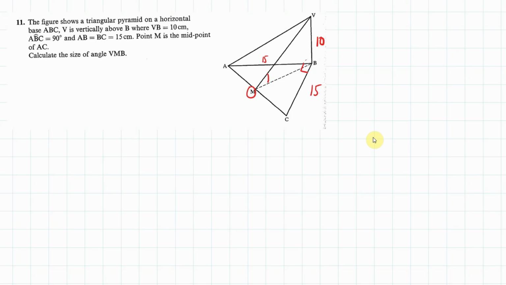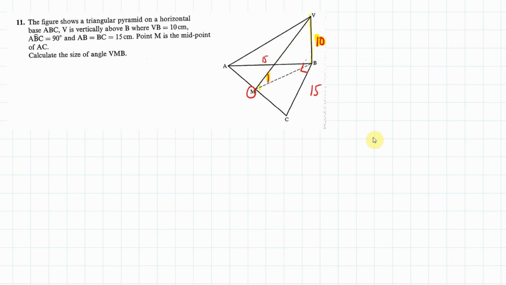We need to know length MB, because remember when we talked about trigonometry before, if you want to know an angle, then you need two sides. Well, we've got this side here, so if we also knew one other side of this right angle triangle that we're going to use to find that angle, I think that finding this length here would be easiest. So that's going to be my strategy, to find that side. And so I'm going to probably try to use a bit of Pythagoras to do so.